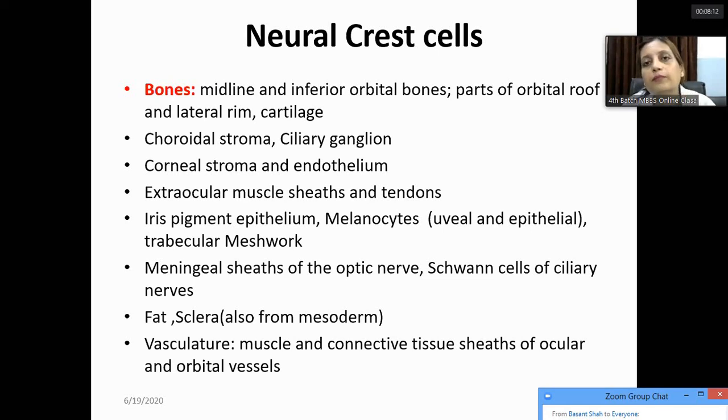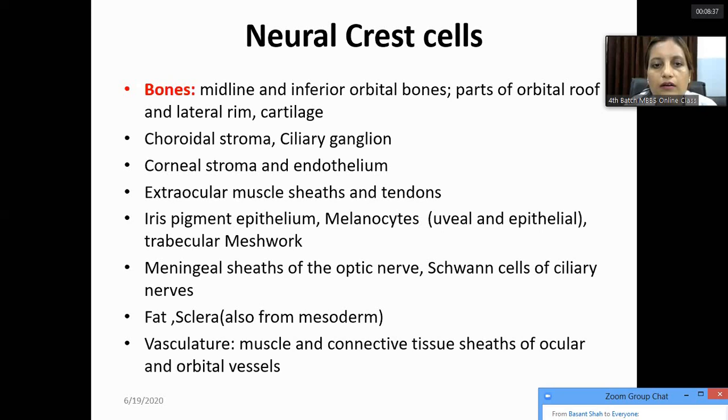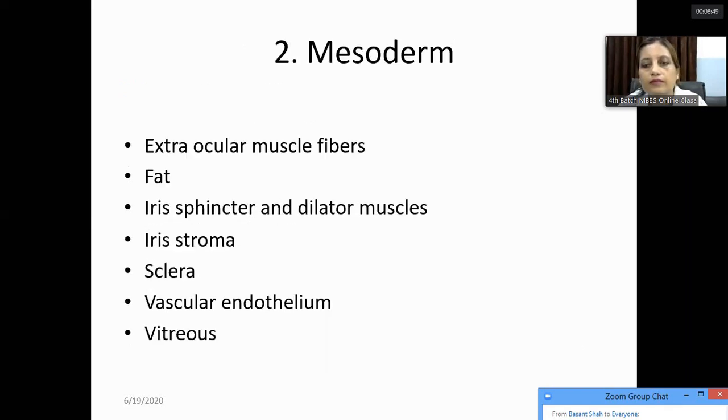The things developed from the neural crest cells are bones, which are the midline and inferior orbital bones, part of the orbital roof, lateral rim, cartilage, choroidal stroma, ciliary ganglia, corneal stroma and endothelium, extraocular muscle sheath and tendon, iris pigment epithelium, melanocytes, trabecular meshwork, meningeal sheath of the optic nerve, Schwann cells of ciliary nerves, fat, sclera, and vasculature.